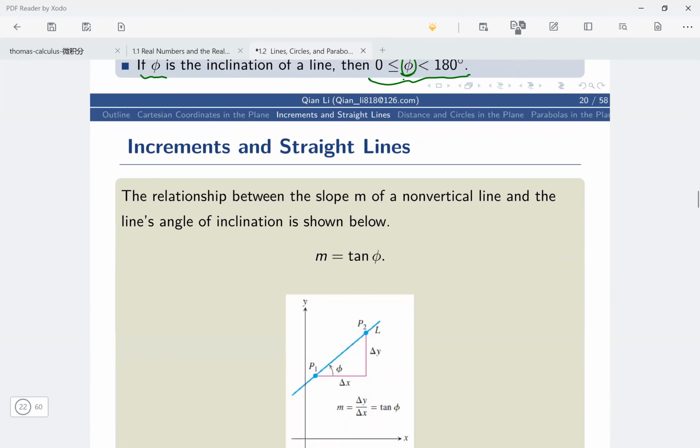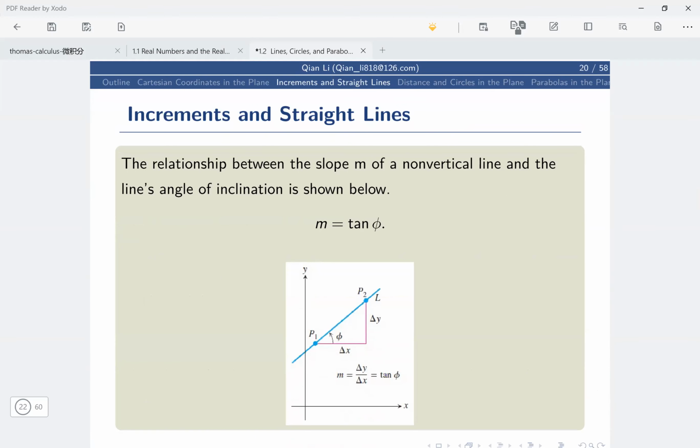And let's see the relationship between the slope m of a non-vertical line and its angle of inclination. It means m must be equal to tangent phi, where phi is the inclination of this line and m is the slope of this line.